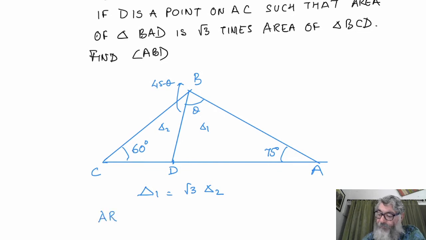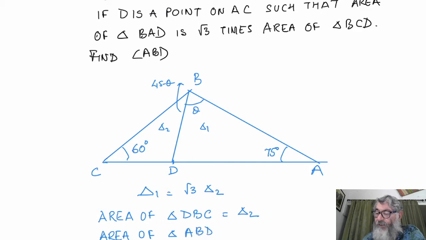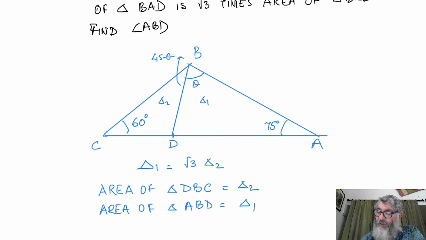The area of triangle DBC is delta 2 and the area of triangle ABD is delta 1. The relation is that delta 1 is the bigger area, root 3 times delta 2. Now let us calculate the areas.